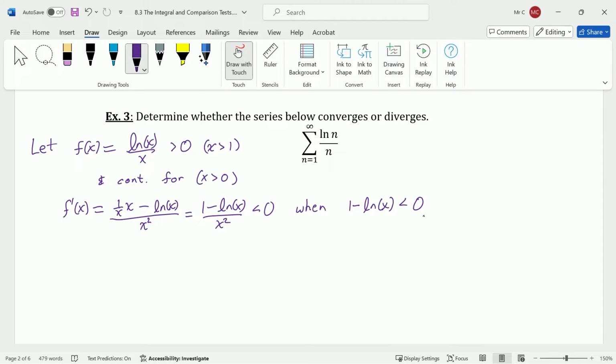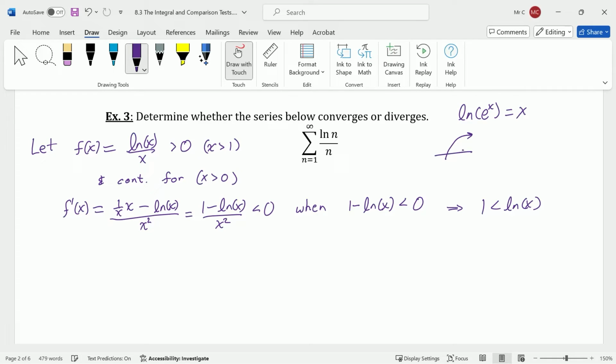The denominator is squared, so it's always positive. And if 1 minus ln of x is negative, that implies 1 is less than the natural log of x. So I need to know what x values give us the natural log being larger than 1. And that's e to the first power, right? ln of e to the x is x, and the natural log is an increasing function.